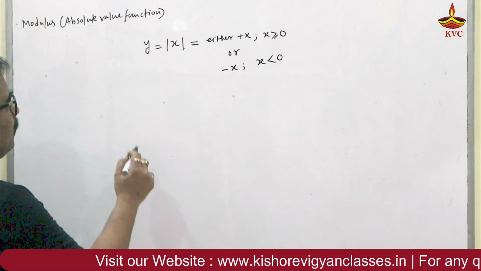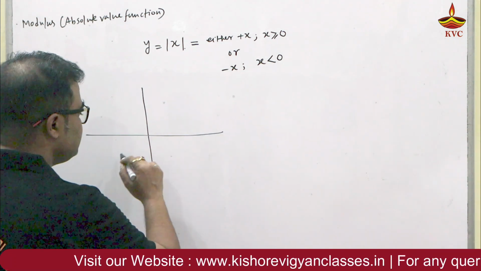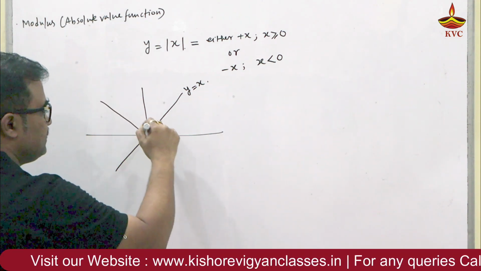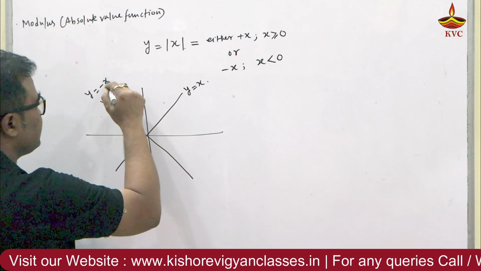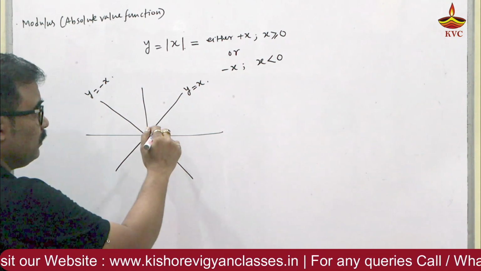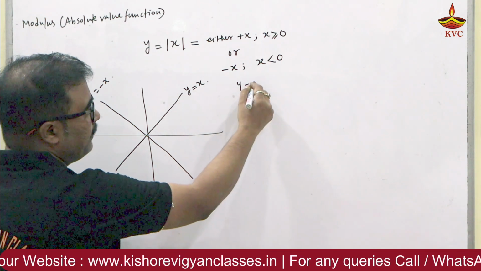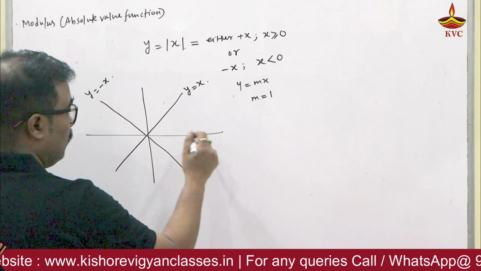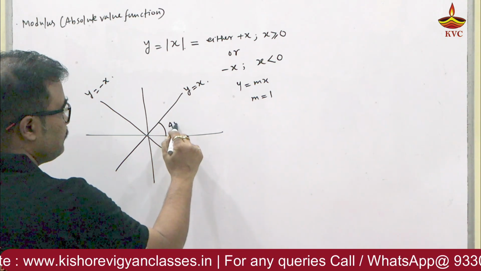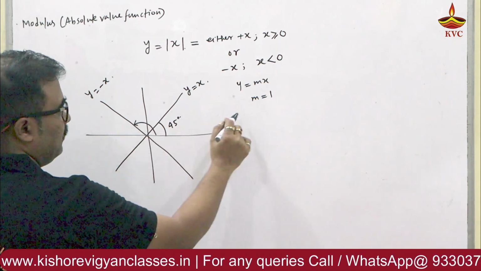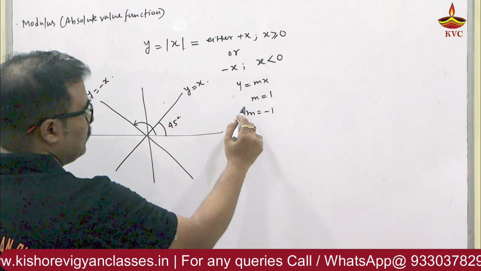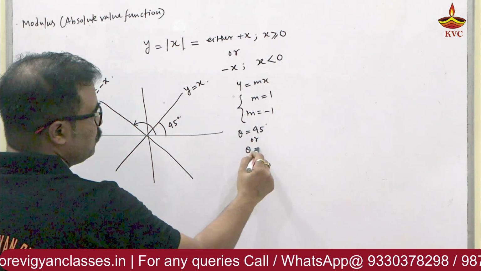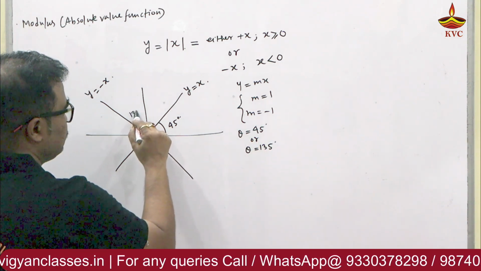This is the line which is y equals x, and this is the line which is y equals minus x. Very simple. Y equals x resembles y equals mx, and m equals 1 here. So this angle is 45 degrees, while for m equals minus 1, theta equals 135 degrees as the angle of inclination.